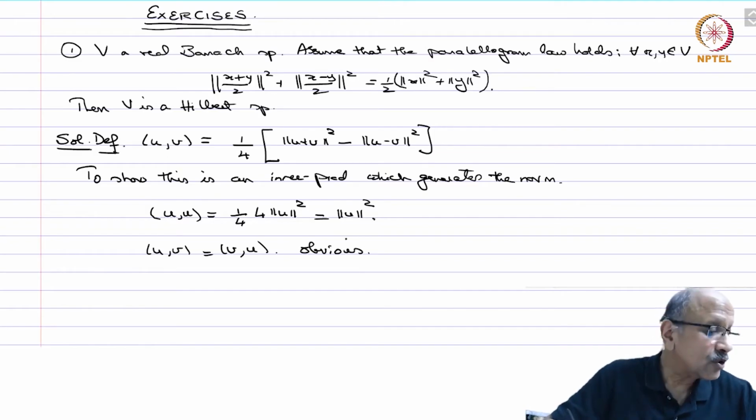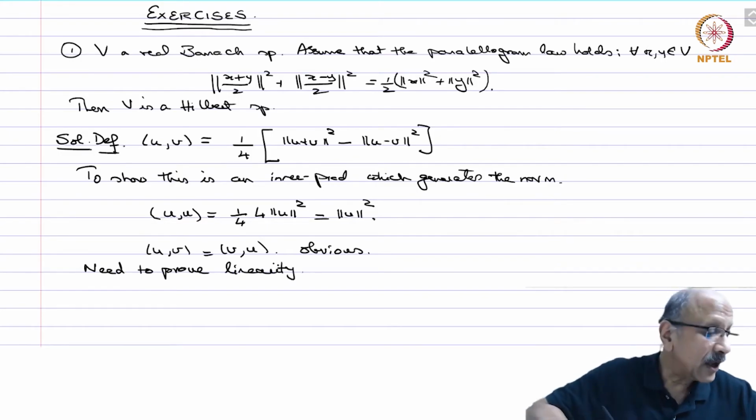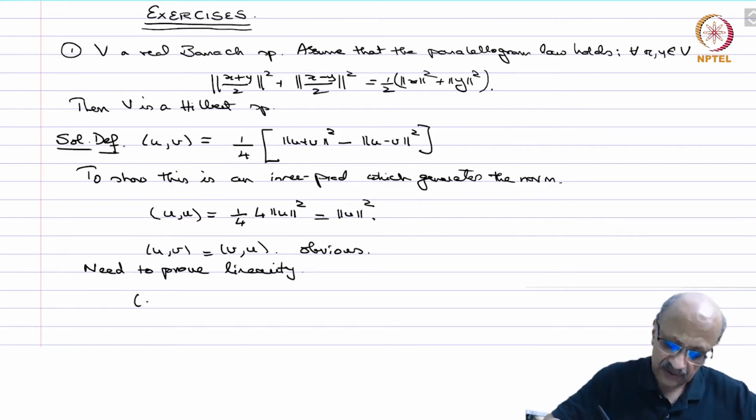So we now have to show linearity. So we need to prove linearity. We do that in several stages. Let us take first (2u,v).